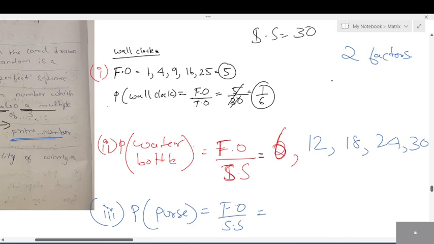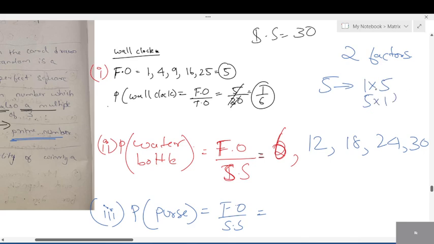Okay, what do you mean by 2 factors? If I take 5, what are the factors of 5? 1 into 5, right? And 5 into 1.